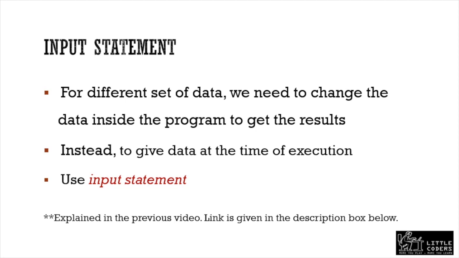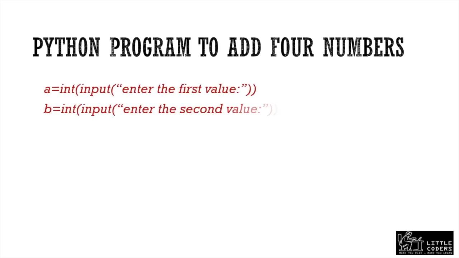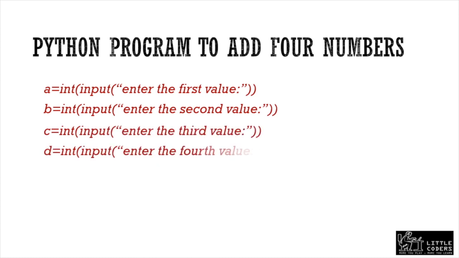Now, using this concept, we are going to write an algorithm as well as a program to find the sum. Here, the first statement is A is equal to int input, enter the first value.